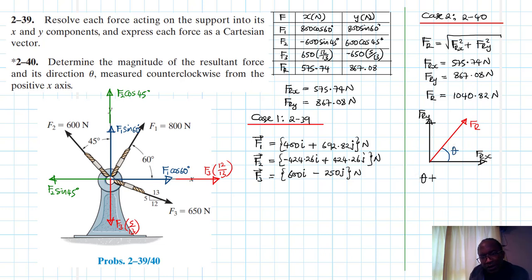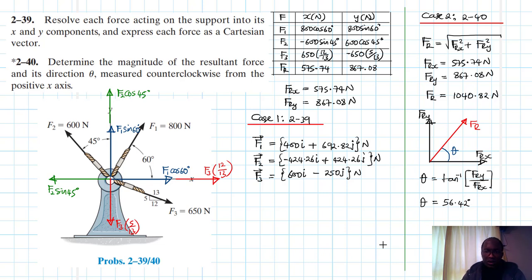We know that theta is equal to tan inverse of FRY divided by FRX, remember your SOH CAH TOA. So this is 867.08 divided by 575.74, and the tan inverse of that gives us 56.42 degrees.